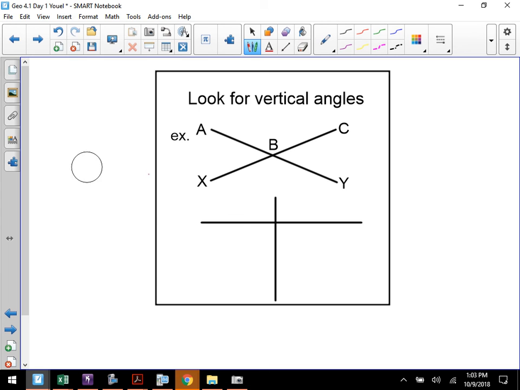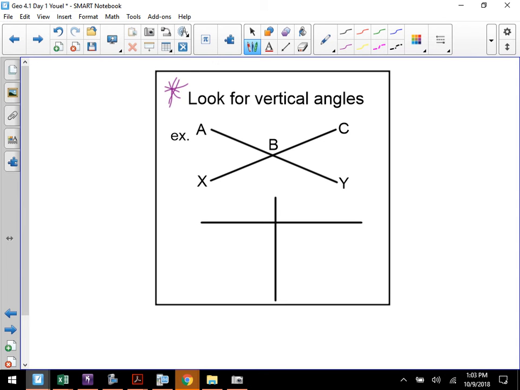Now, when we do this one, this is something I would just put an asterisk by. It's not a true if-then statement. It's just, hey, look for vertical angles. Because what do you know about vertical angles? They equal each other, they're congruent.